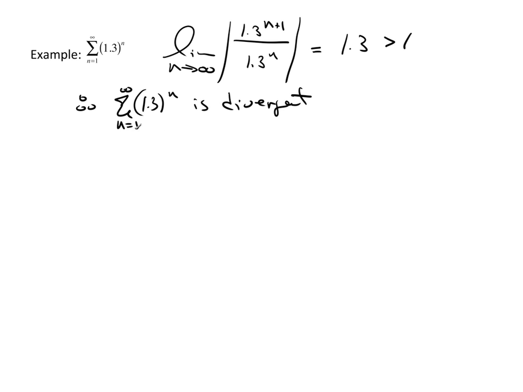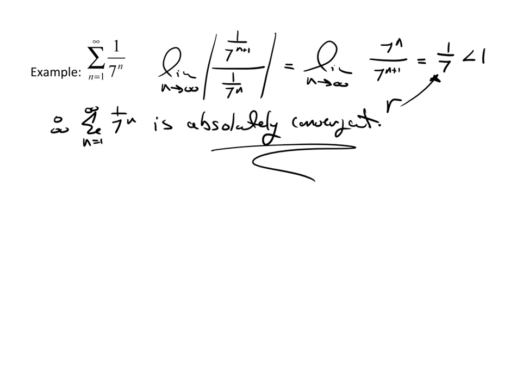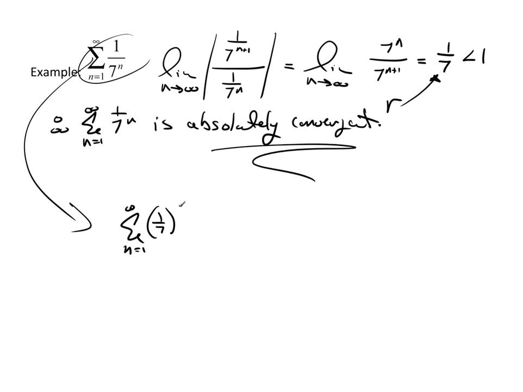Now, we may have also realized that this is a geometric series, where in this case r is greater than 1, therefore we would have known that it's divergent. If you look back at that previous example, this is actually the same as the sum n equals 1 to infinity of 1/7 to the n, because 1 to the n is just 1.